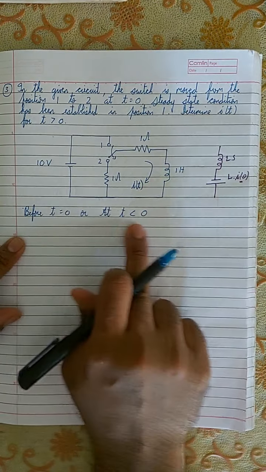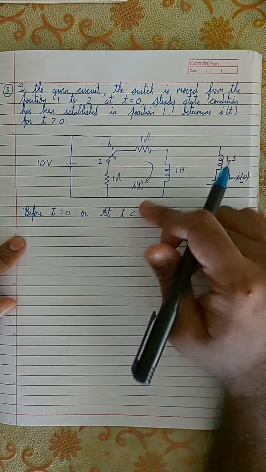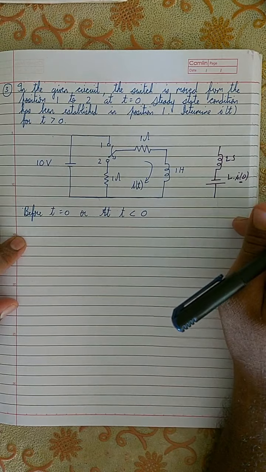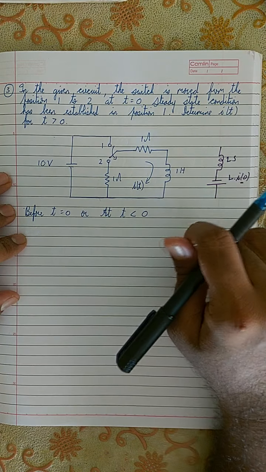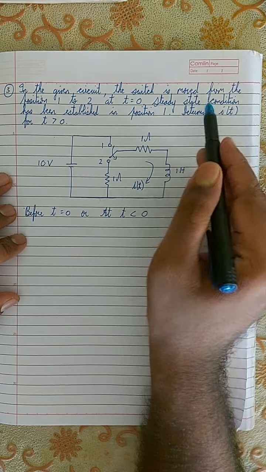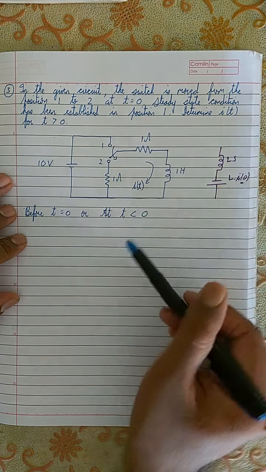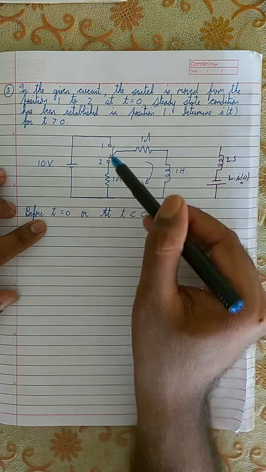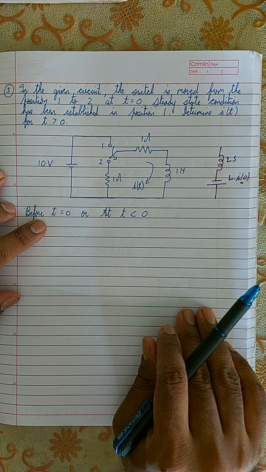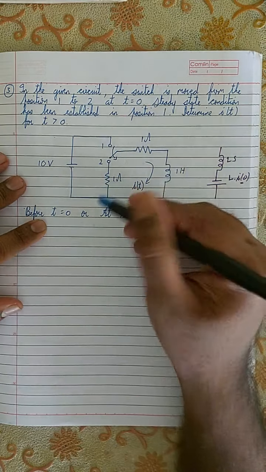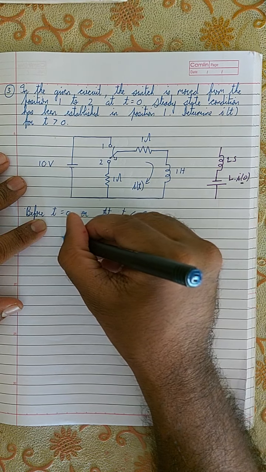I preferably write at t less than 0, that is, at t before 0. It's written that the switch is moved from position 1 to position 2 at time t is equal to 0. That means before time t is equal to 0, the switch is at position 1. So if the switch was in position 1, then this will be the circuit.